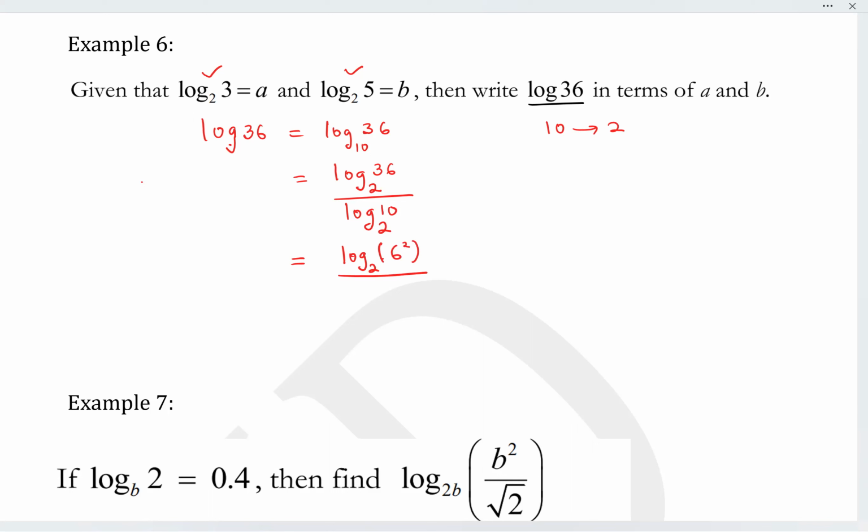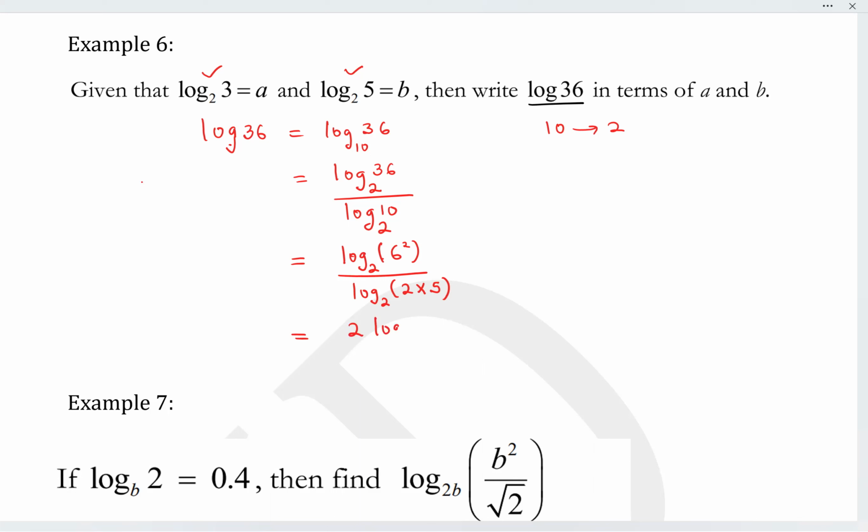Then here is log to base 2 of 10. We can write 10 as 2 times 5. Why are we doing that? Because we know we have 5, and anytime we have log base 2 of 5, we can put b, right? So here, the 2 will come down.